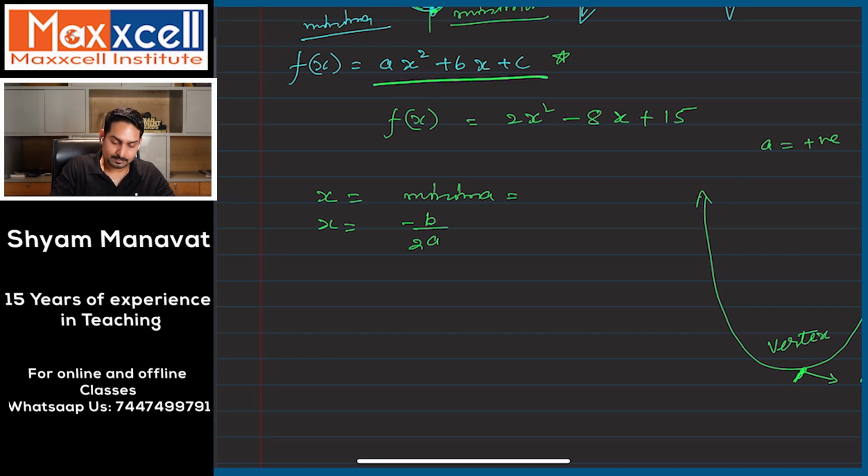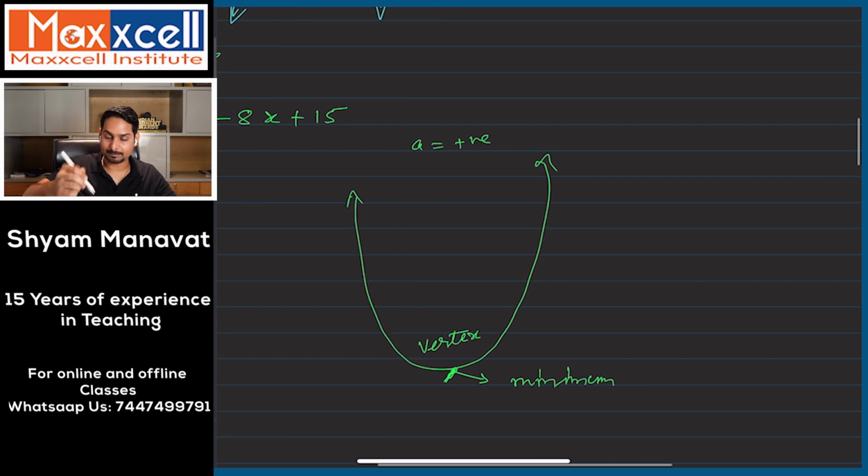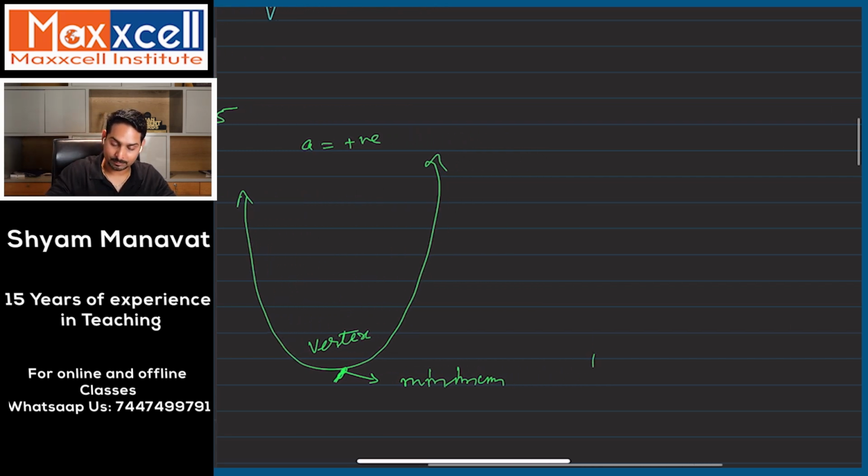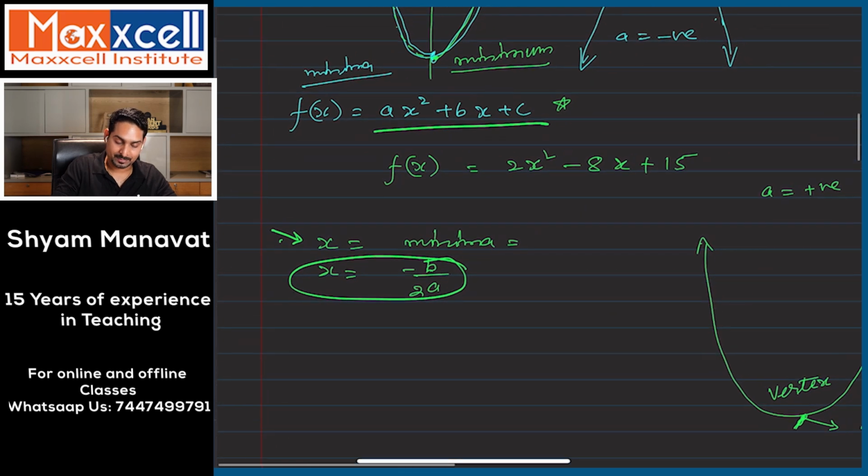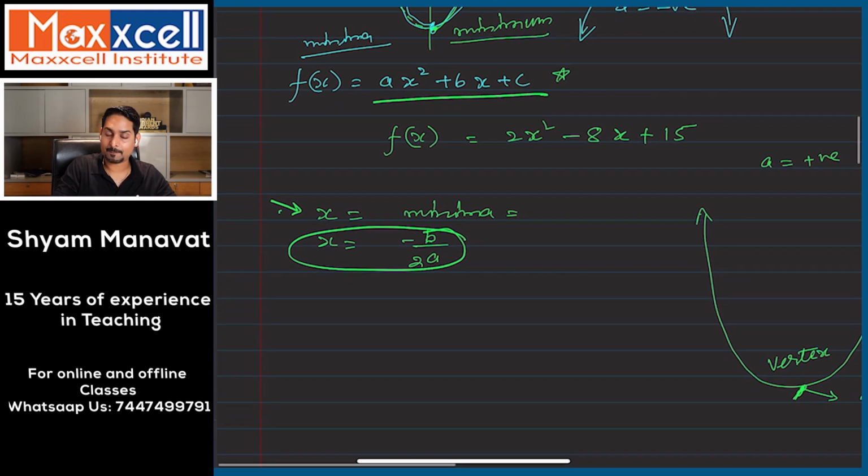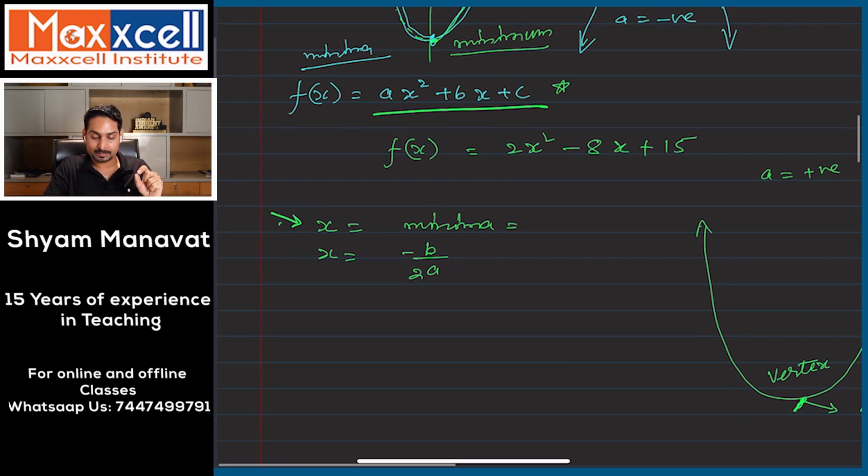For that, the vertex x coordinate is minus b upon 2a, whether the vertex is down at minima or the vertex is upward at maxima, this value of the vertex coordinate will not change. Okay, clear till here? Or now, clear till here, right?